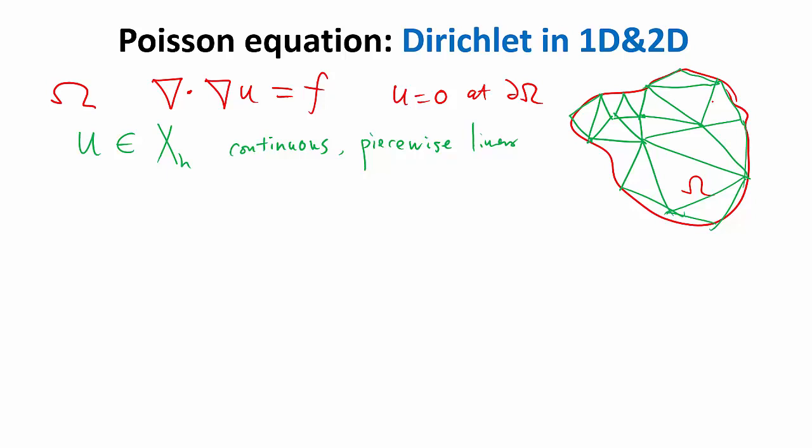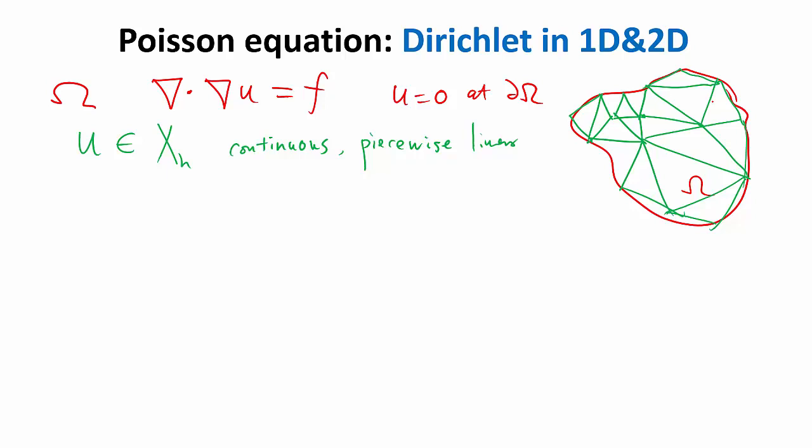Right? 3 points define a unique linear function in 2D. And in 3D, what do we need to uniquely define a linear function? 4 points that would form a tetrahedron, exactly.